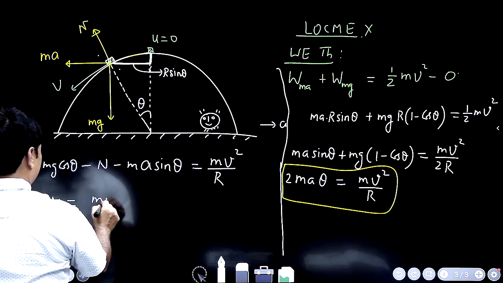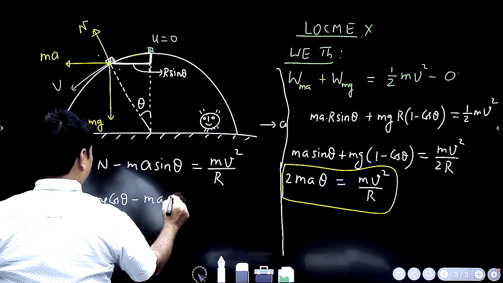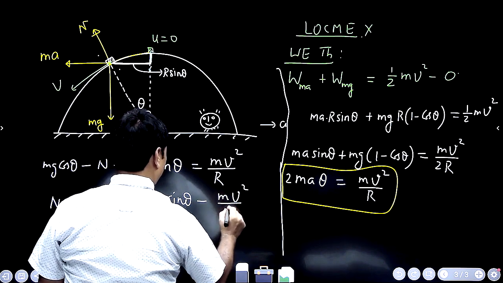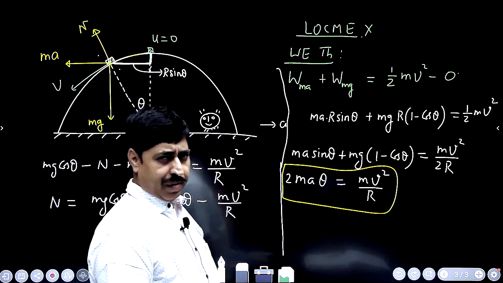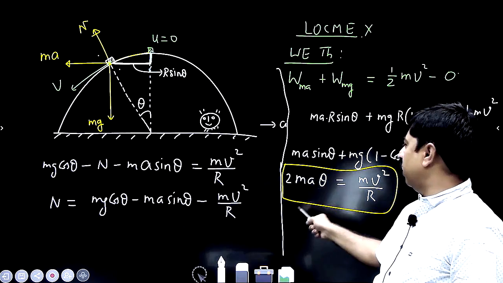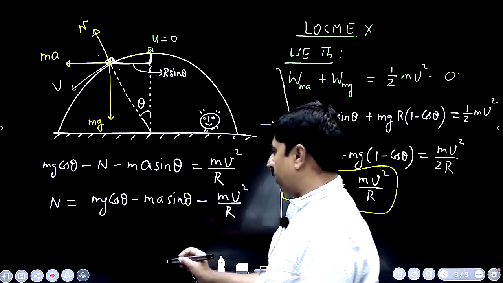I get mg cos theta minus ma sin theta minus mv square by r, right. This is the value of normal reaction. And in place of mv square by r, I can substitute 2 ma theta. So, I am doing that substitution.